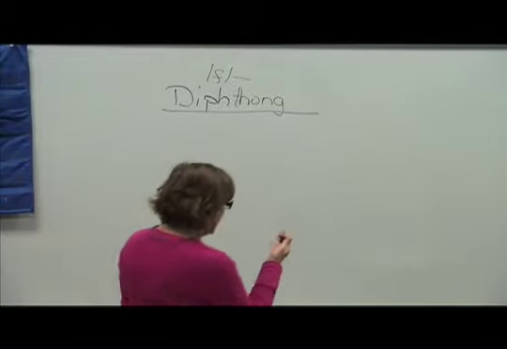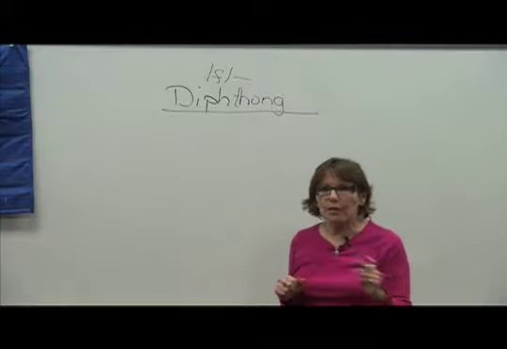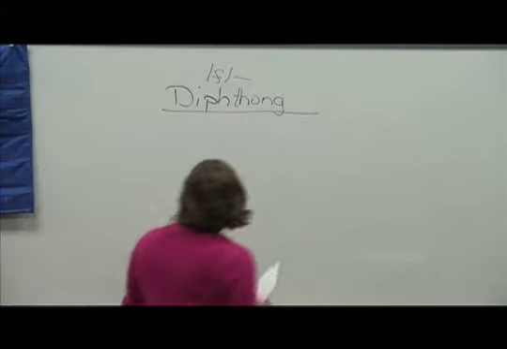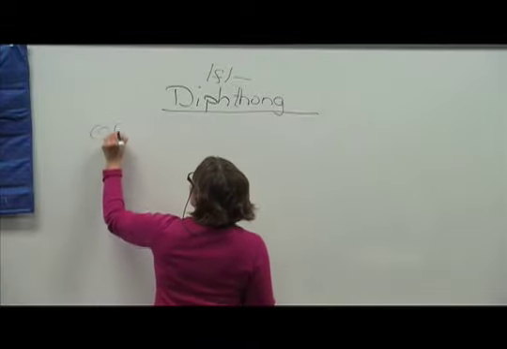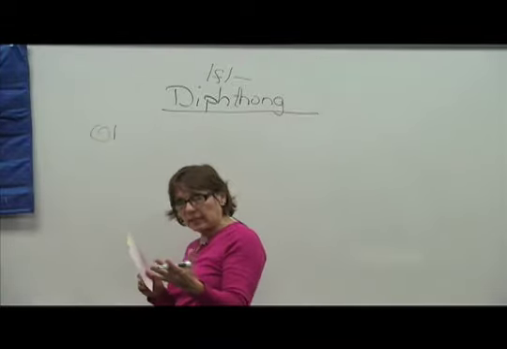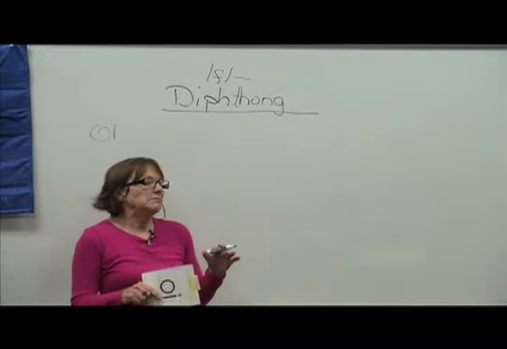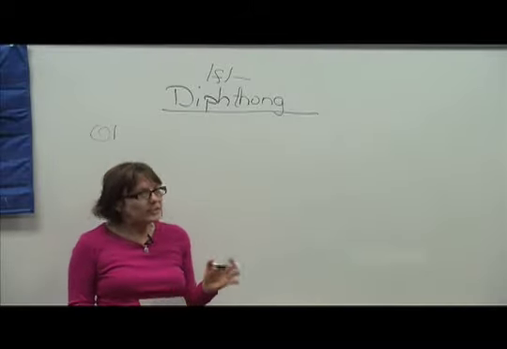And let me tell you that the diacritical mark for a diphthong, like let me give you a word, an OI, let me do it this way, OI is a diphthong. They are vowel teams, they're two vowels together, but they have what we call just kind of a unique sound.